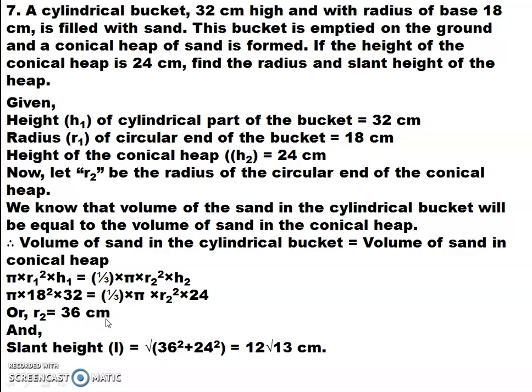Students, if you draw a cone and mark h as the height, L as the slant height and r as the radius, you can see that it forms a right angled triangle. And we know that slant height L is equal to root of r square plus h square.